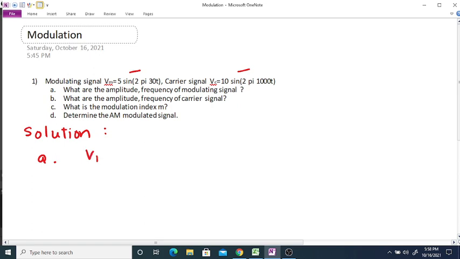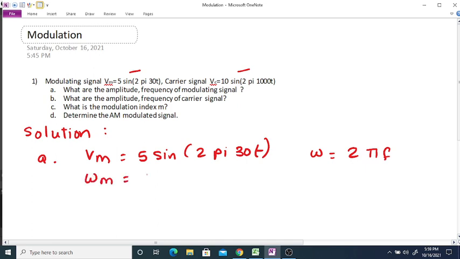So, first we will see part A. Now, we are given that Vm is equal to 5 sin 2 pi 30 t. Now, we know that omega is equal to 2 pi f. So, we use this formula over here. We will get omega m is equal to 2 pi 30, which is equal to 2 pi f.